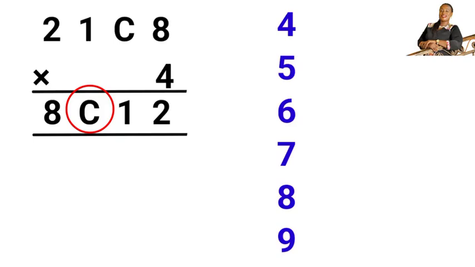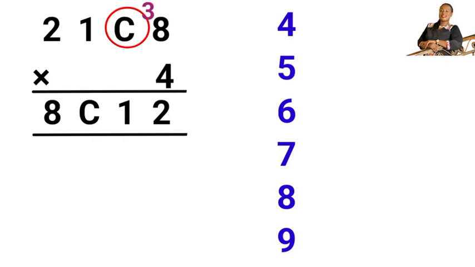Now for us to decide which one is our answer, let us come over to this other C. I do not know which carry I have here, but I can find it out by multiplying 4 times 8 first. 4 times 8 equals 32. I write 2 and I carry 3.